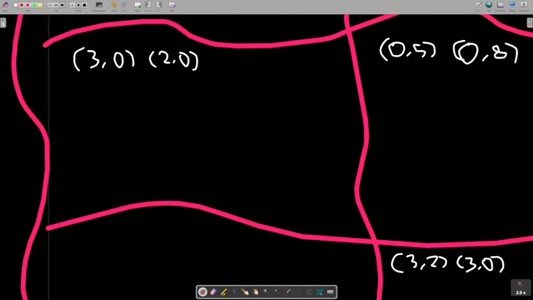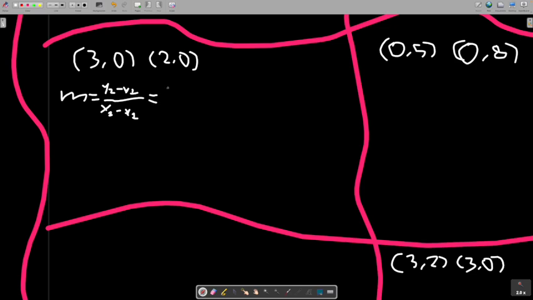Let's do another equation. So here we have 3, 0, and 2, 0. So using the formula like we did before, we have y2 minus y1 over x2 minus x1. My handwriting is kind of bad, but you can try getting used to it.